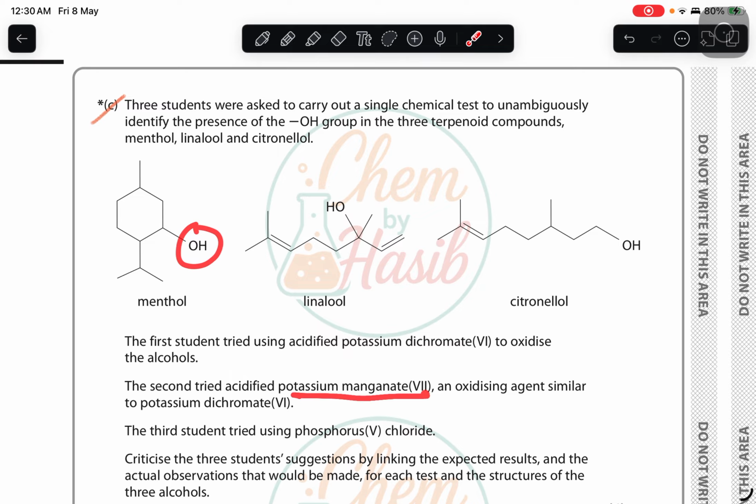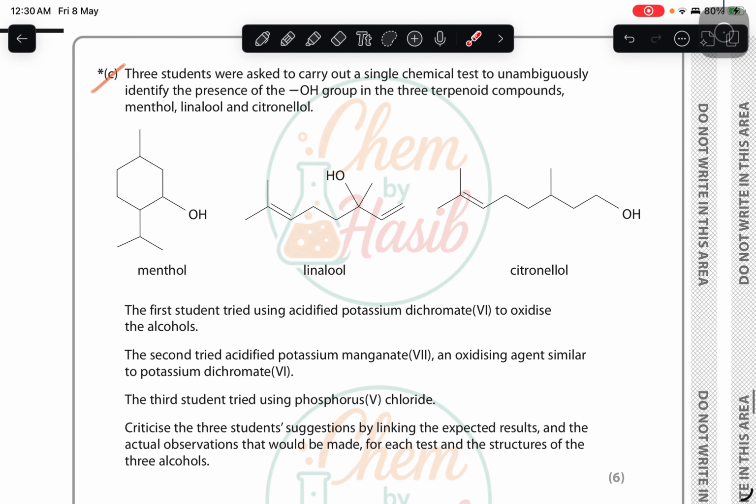Citronellol is a 1-degree alcohol, so it will also get oxidized. Linalool is a 3-degree alcohol, but it contains double bonds, and potassium manganate(VII) can also oxidize double bonds. That is why using potassium manganate(VII), you cannot actually prove whether OH groups are present or not, because it also gives the same observation if double bonds are present.